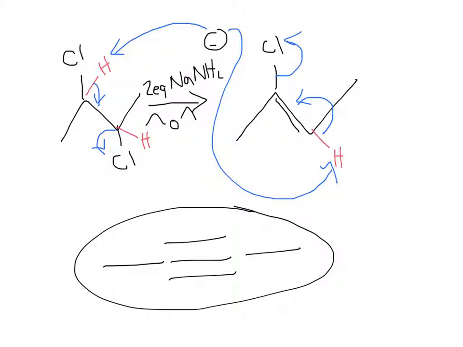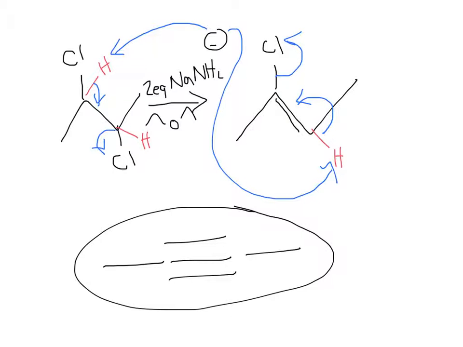So overall, the mechanisms for alkyl halides that have two leaving groups is really similar to mechanisms with alkyl halides that only have one leaving group. Basically, all you do is you just add on an extra step, and that extra step is pretty much just a repeat of the first step involving the deprotonation and then the forming of a pi bond and the booting off of one of the ions.